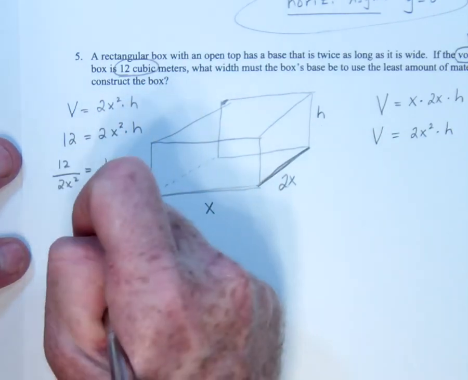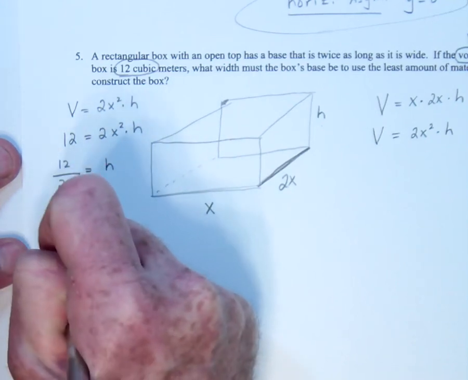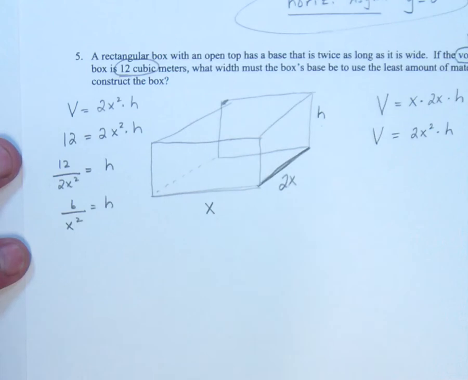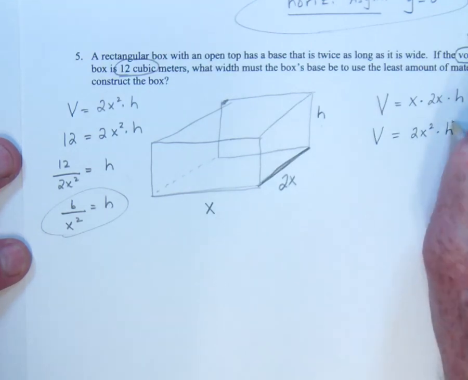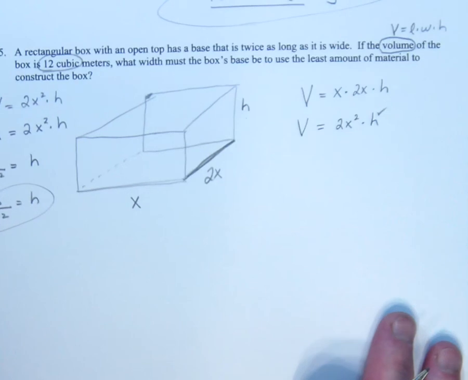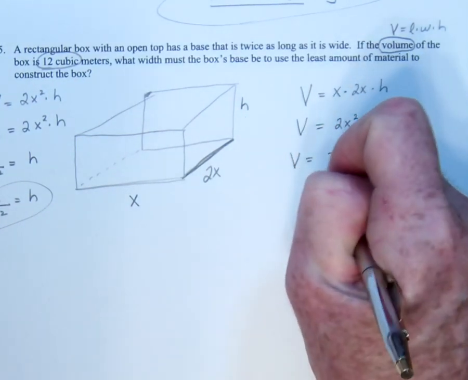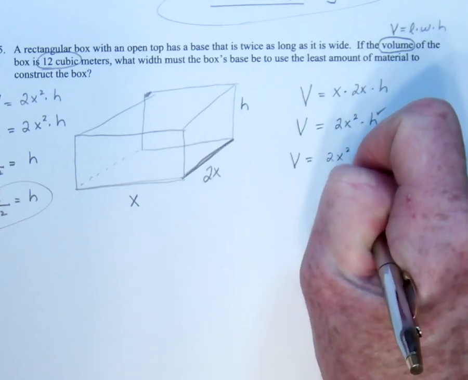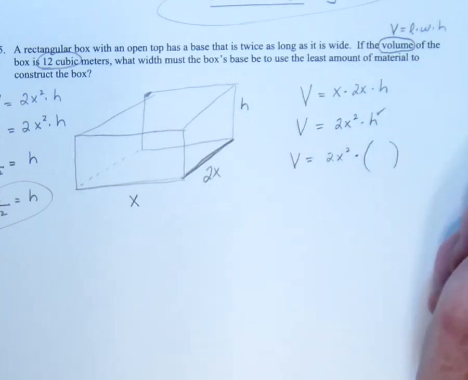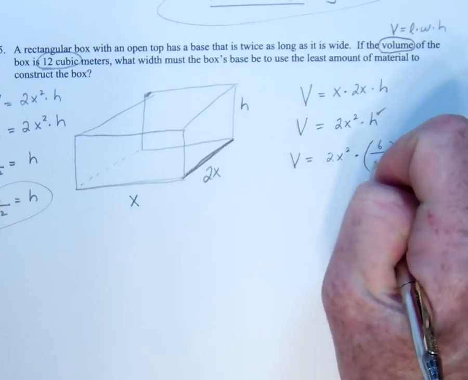And then reduce, it's going to say that h is equal to 6 over x squared. So now we know what h is equal to. We can take that and substitute in for h over here. So let me slide over. Our new function is volume equals 2x squared times, replace h with 6 over x squared.